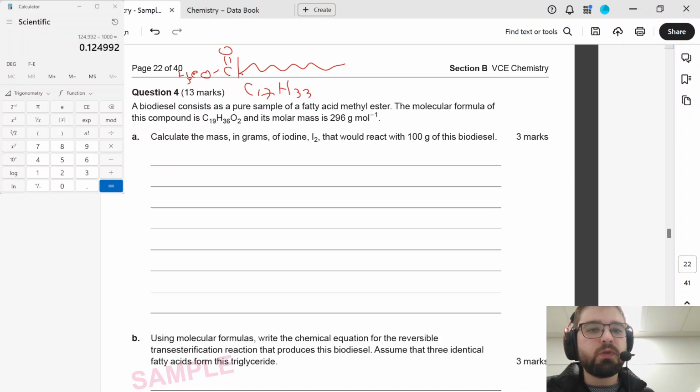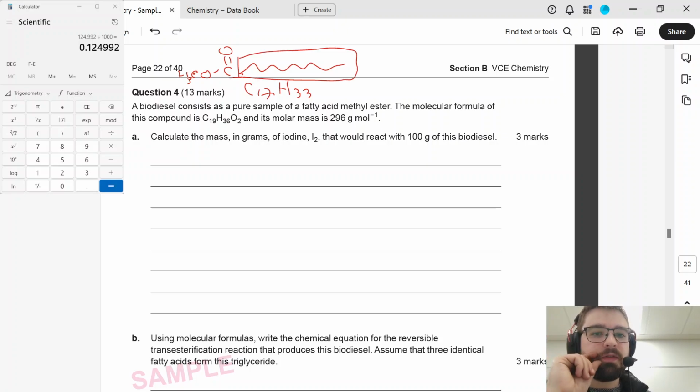So this is the formula of the chain bit that I have here. Now, I expect 2 hydrogens per carbon, except the end, which should have 1 more. So I would expect C17H35. Now I'm missing 2 hydrogens, so that tells me there is 1 double bond there.